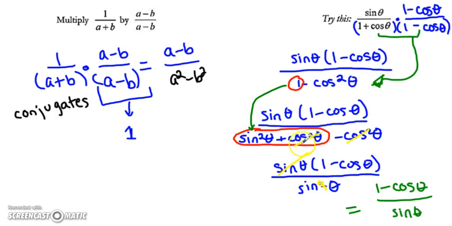And what's nice about that is the cosine squareds that are now both in the denominator cancel. So I'm left with sine squared, which, since I have the sine times something else, I can cancel with one of the sines in the numerator, in the denominator. So 1 in the numerator, 1 in the denominator of the 2 that were there. So I end up leaving this factor 1 minus cosine all by itself with a sine of theta underneath.